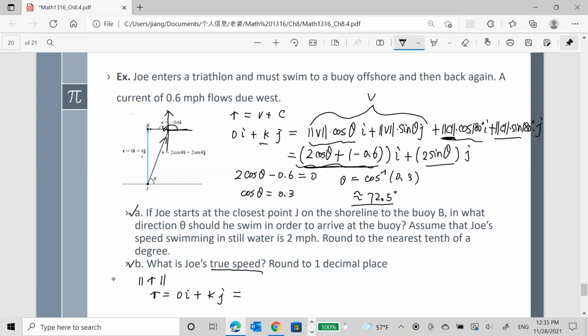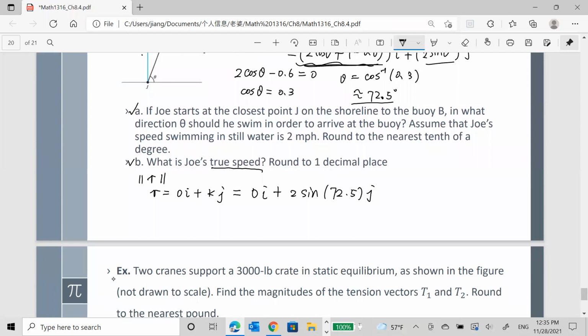The first part is 0 I plus 2 times sine 72.5 J. We don't need to find K separately, because with this part we can find the magnitude of R.